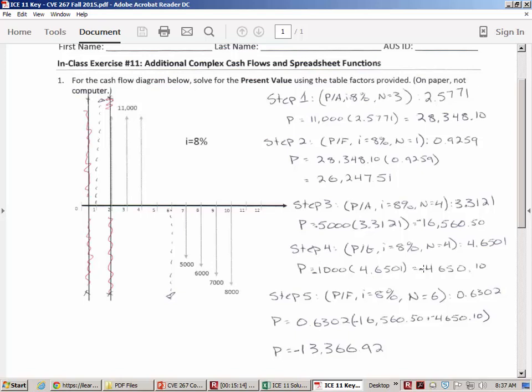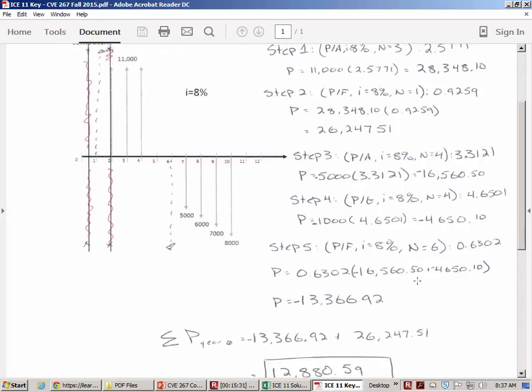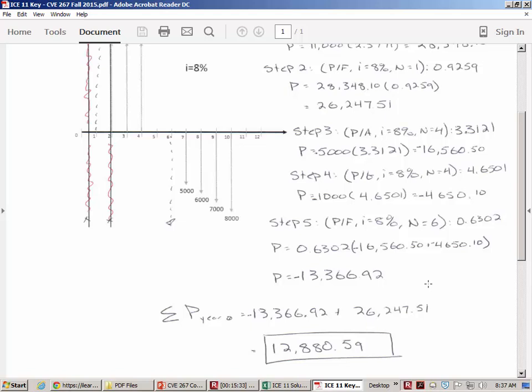And then I combine both the annual series, which was 16,000, and the gradient, which is 4,650. Combine those together, and this factor of 0.6302 is just discounting it from year 6 to year 0. So the final answer should be 12,880.